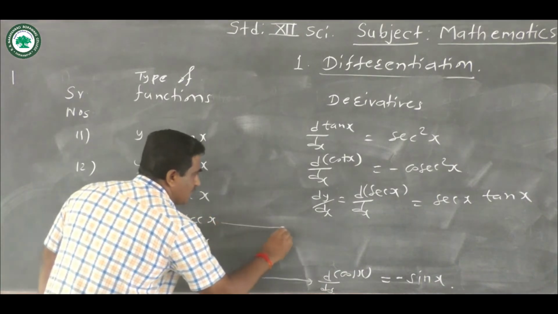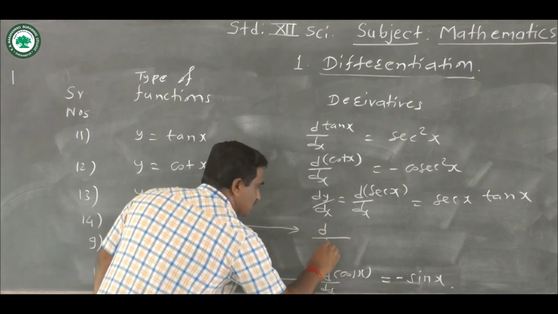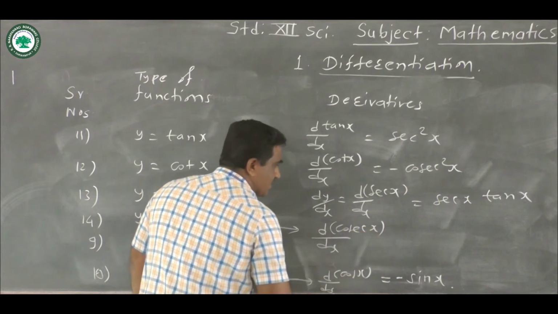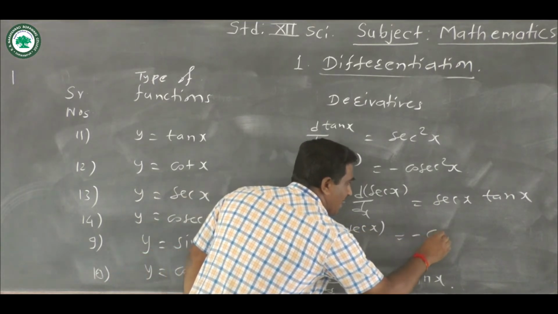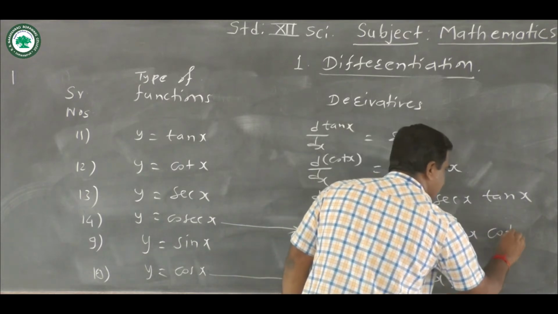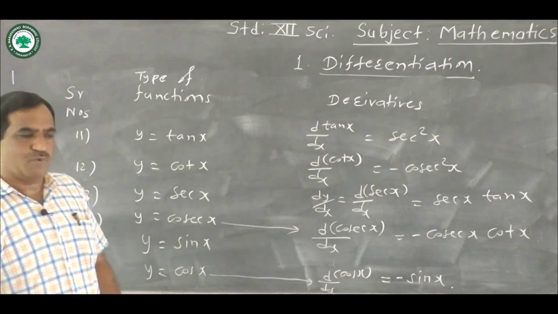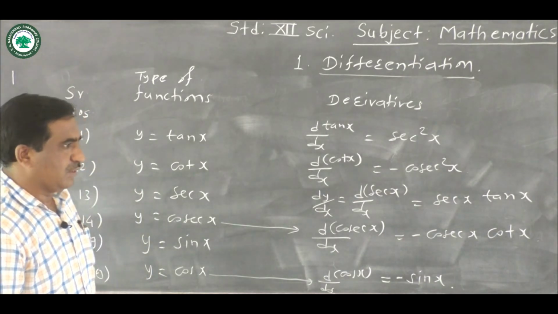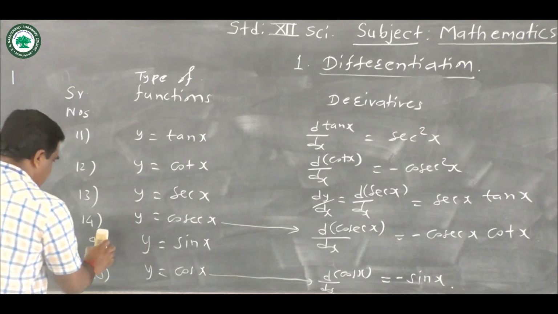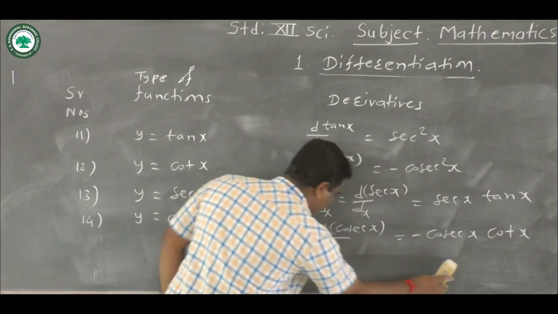Now derivative of cosec x is equal to minus cosec x into cot x. Okay, these are the standard formulae for derivative. There are 14 standard formulae in derivative.